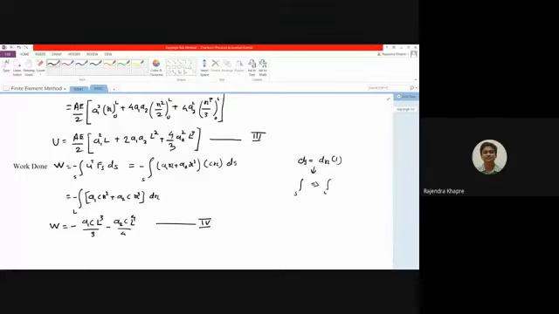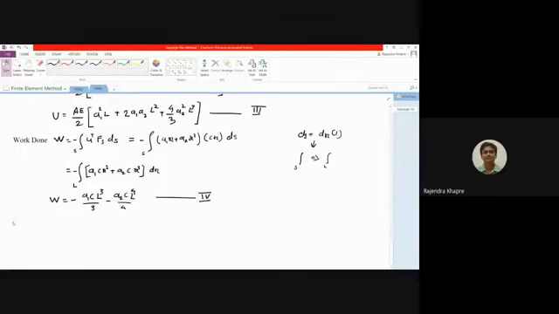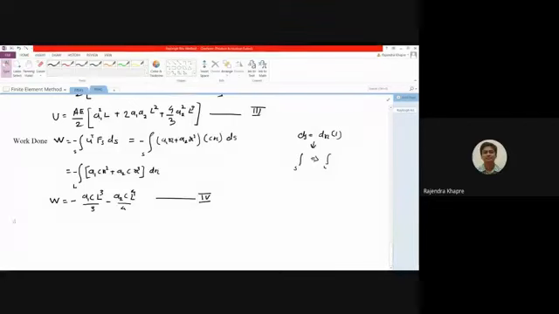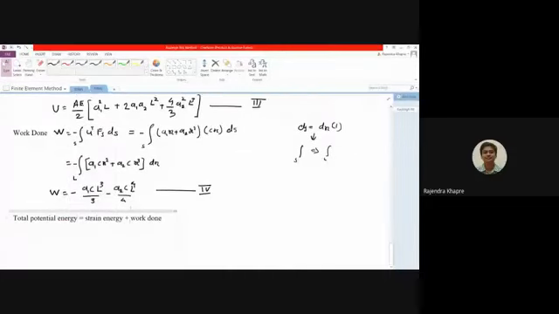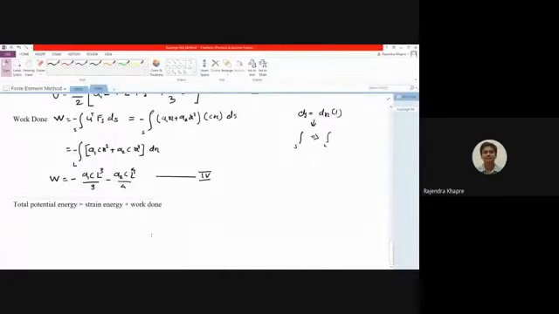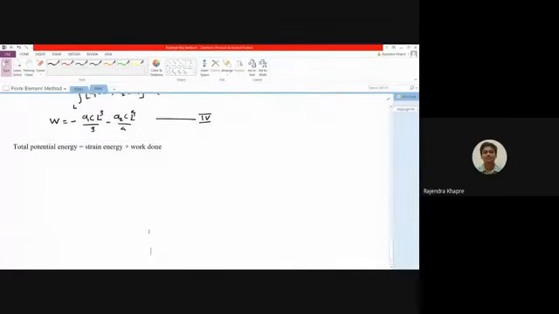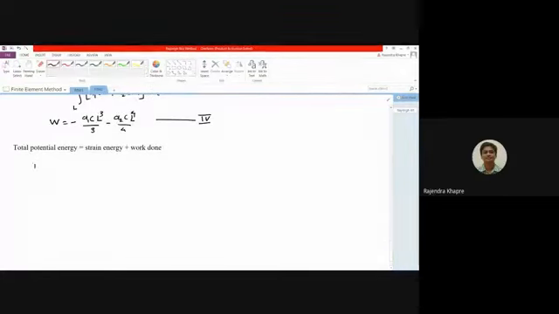So now let us write down the total potential energy. Total potential energy is nothing but your strain energy plus work done, isn't it? So we have already calculated the equation for the strain energy as well as the work done. This pi is nothing but the strain energy.